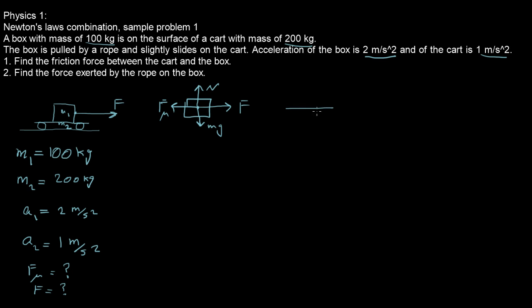Now let's find all the forces on the cart as well. So this was M1 actually. So now again the force is M2G, Newton's gravitational force, and a normal force from the surface of the ground. So let's call this N1, this is N2. So N2 is exerted by the ground on the cart. N1 is exerted by the cart to the box.